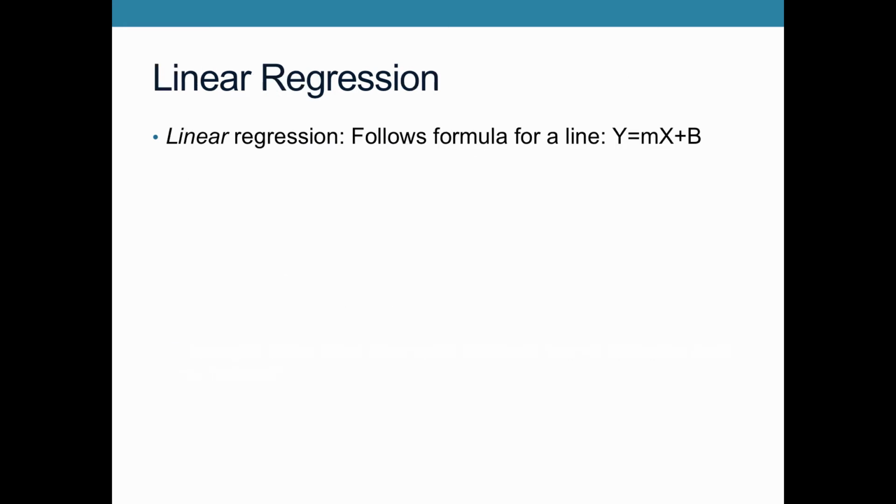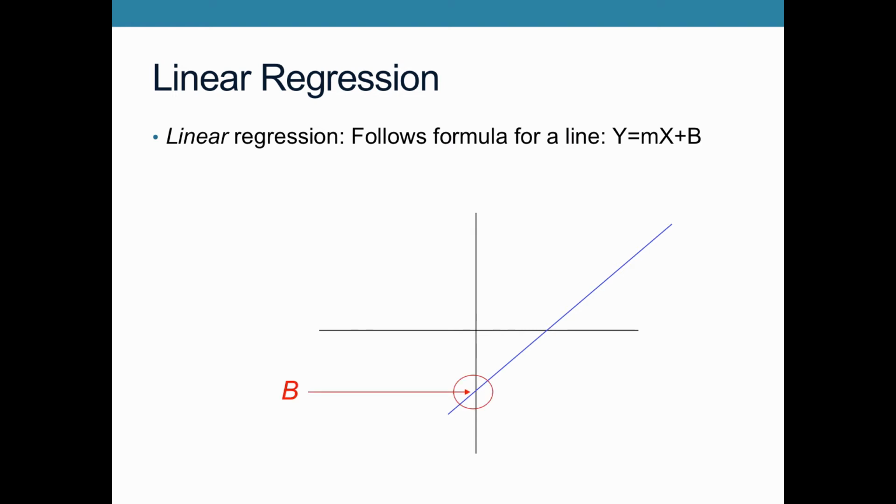Bivariate regression is known as part of linear regression. That simply means that it's following the formula for a line, right? Y equals mx plus b. That's the old equation that you had in middle school for the formula for a line. So just looking at this, draw your quadrants there and draw the line. We're going to go through the different pieces.